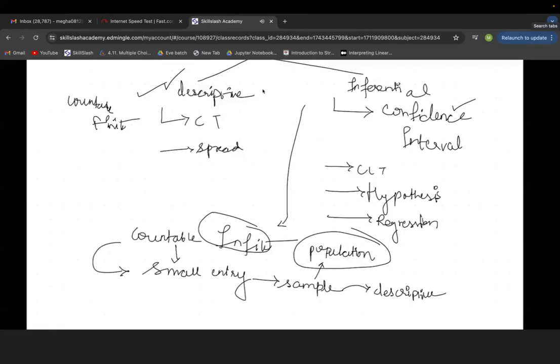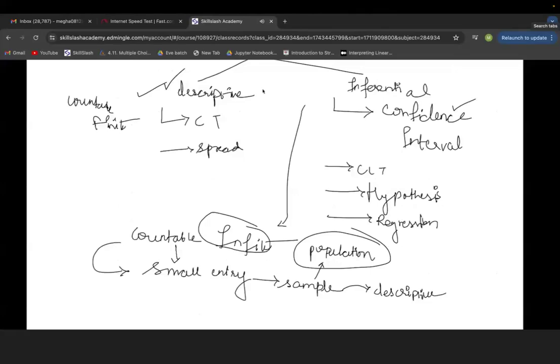What is the population? Every passenger who is boarding the train. So from the whole population, we picked out a sample of the data, and in this sample we are going to apply descriptive statistics. After the application, once we reach a conclusion, I'm going to say that it is similar for the whole population.